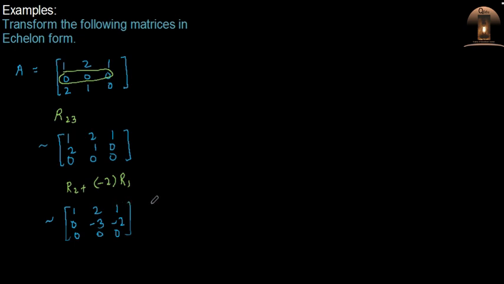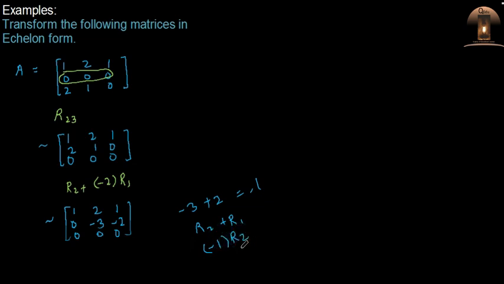The first thing is that if you add row 1 into row 2, then you will have minus 3 plus 2 equal to minus 1, and further we can apply multiplying row 2 by minus 1.